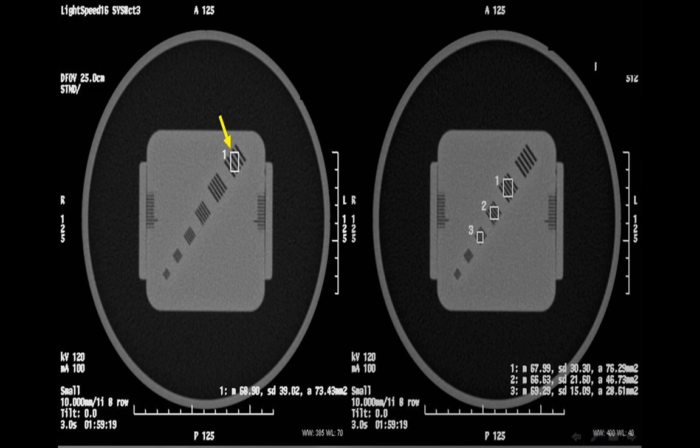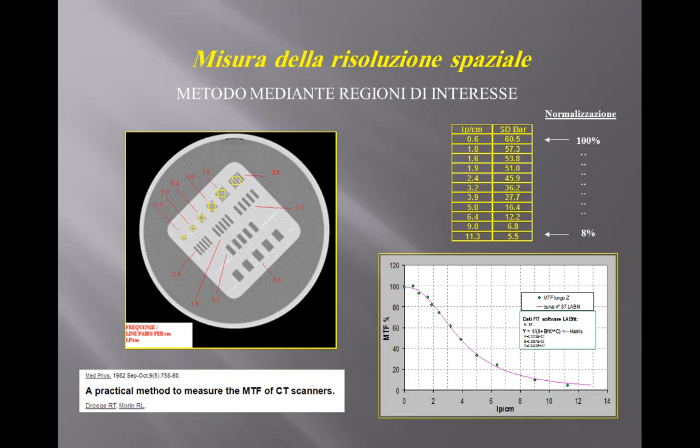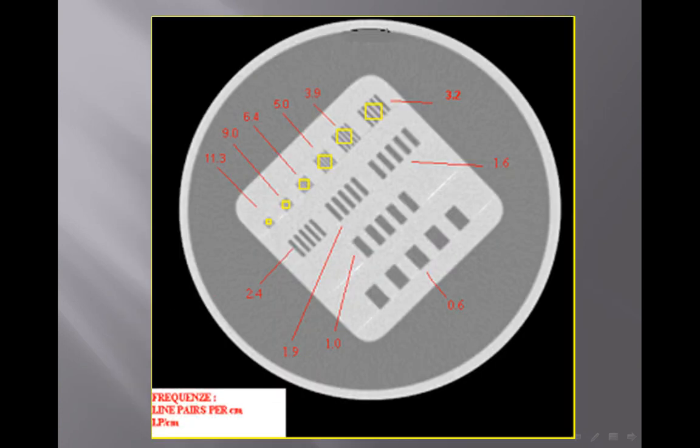I will use this standard deviation value to represent the resolution of the system. Again, here is my phantom image. I will find that the first group of line pairs is 3.2 line pairs per centimeter, the second one 3.95.